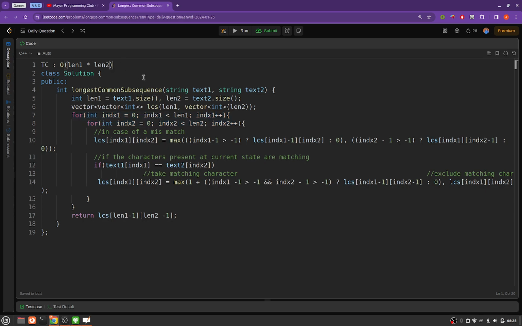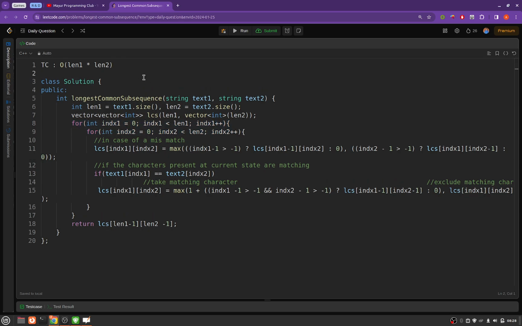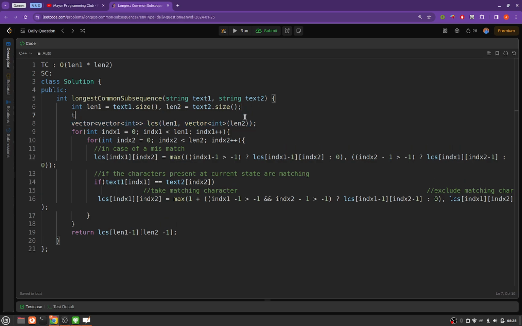And if you ask about the space complexity, it will be the same, since you are having a 2D vector or array here, which will be used to store the intermediate states.